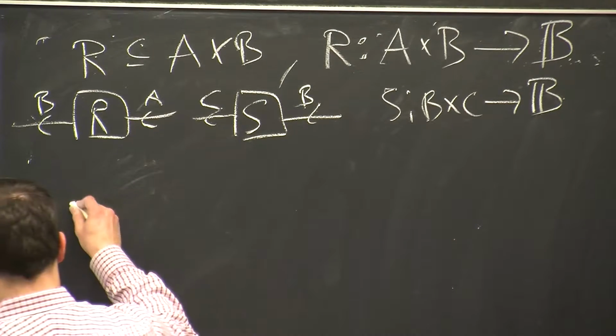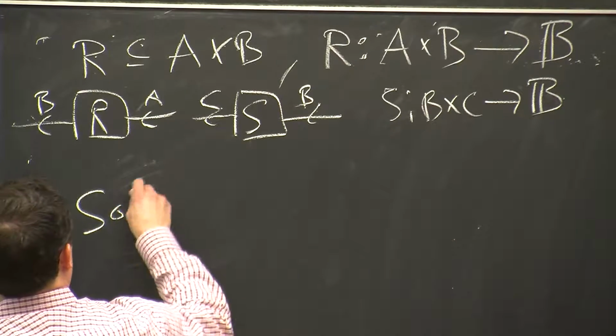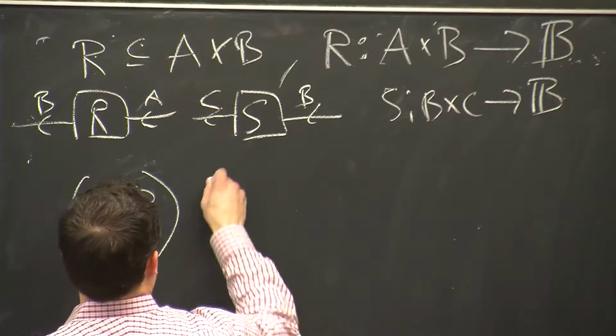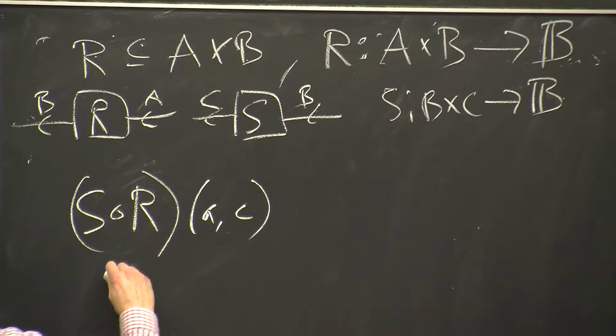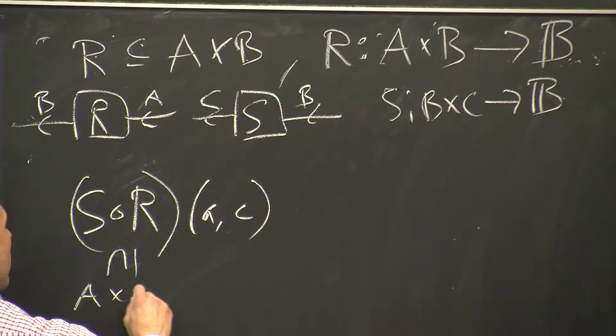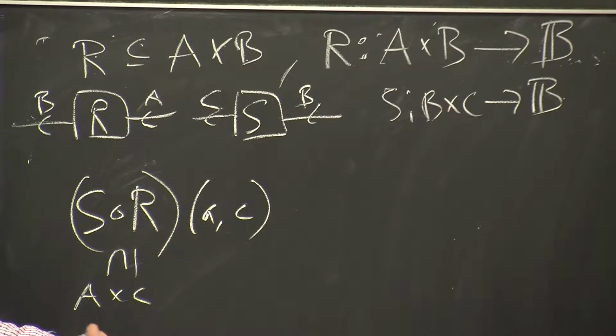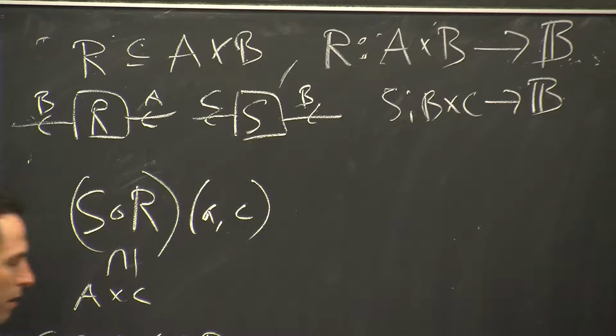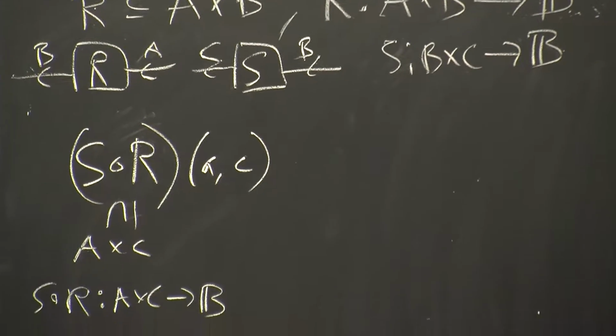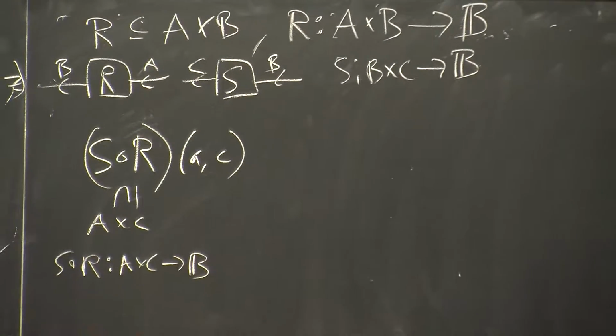I can define the composition S composed with R. S composed with R is going to be a subset of A cross C, or equivalently, a function from A cross C to the Boolean semi-ring. For every pair of an element in A and an element in C, I assign a true or false. So I just tell you what it does to each pair to define it.